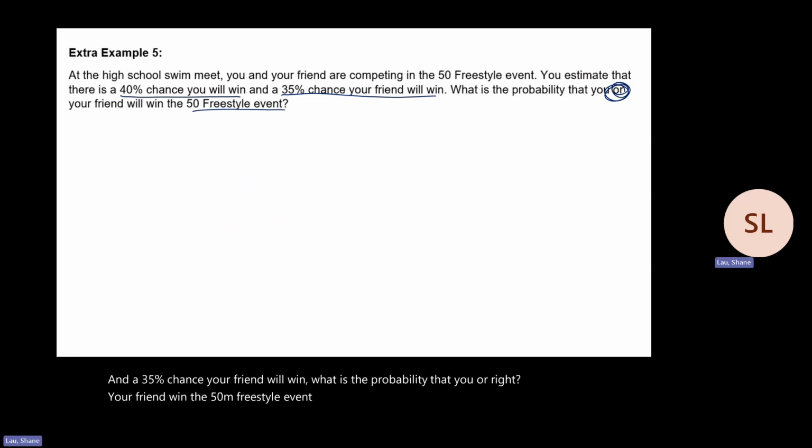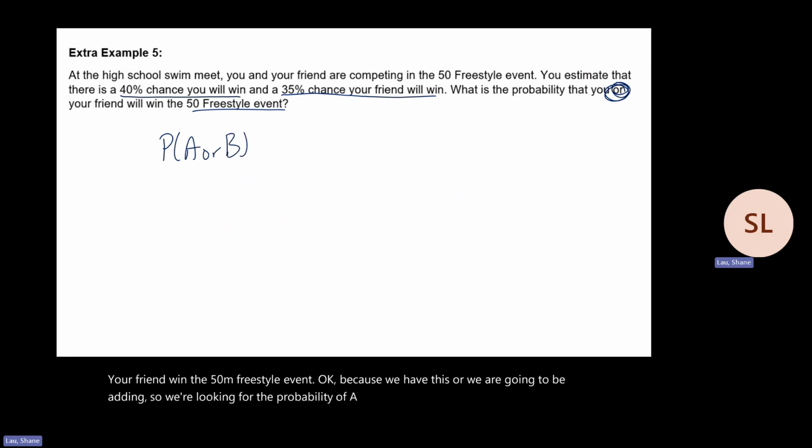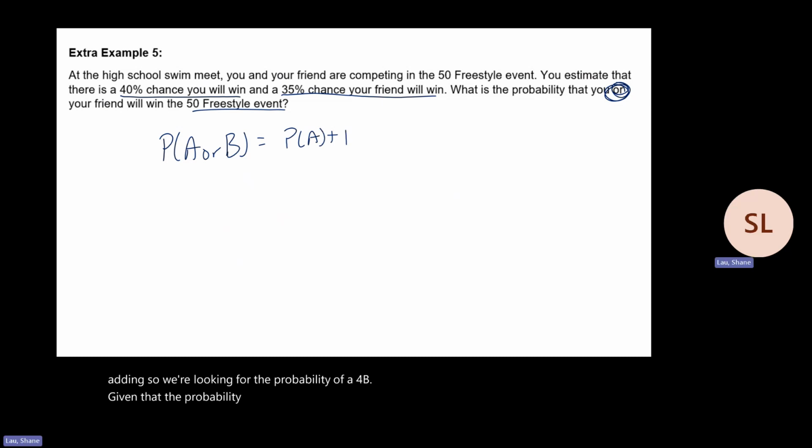Because we have this or, we are going to be adding. So we're looking for the probability of A or B, given that the probability of A plus the probability of B, like so.